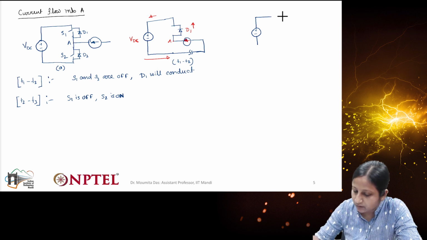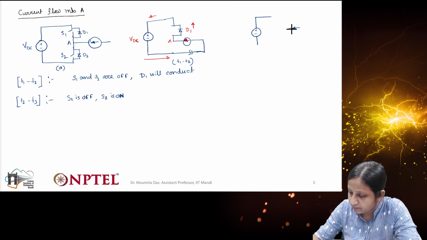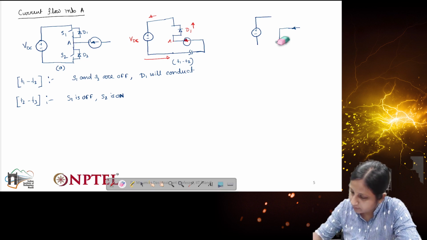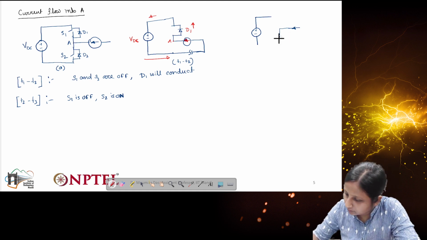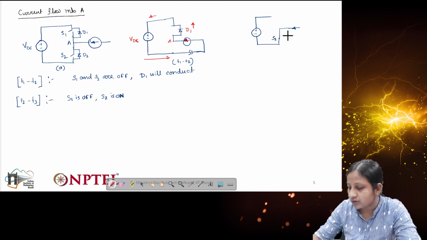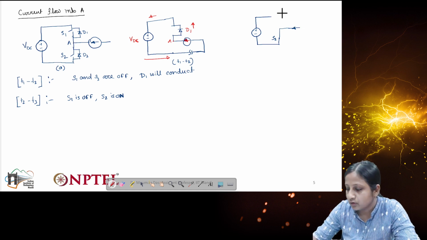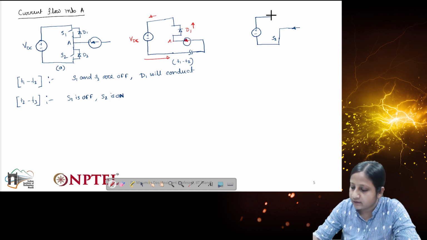Then obviously there will be an additional path here. The current which is entering in this path will flow through S2. So S2 will be closed in that time. You can see here, this is S2, through S2 the current will flow. And then there will be a similar path on the positive side which will complete the circuit.